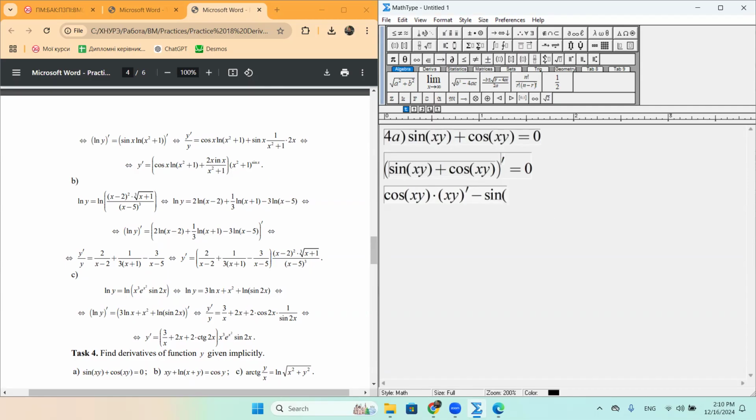So minus sine of xy multiplied by this product as well, and it equals 0.